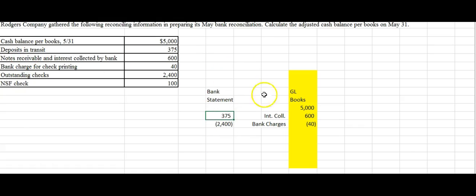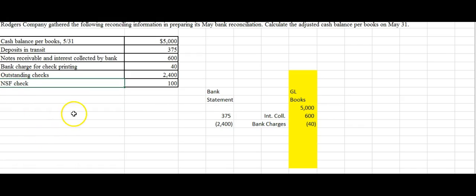Deposits in transit are deposits that you made, that you gave your courier to send. You booked them in your books, but the bank hasn't credited you yet. It's just a timing difference, right? Okay, so these two are bank adjustments. We don't worry about those to get the answer to this question.